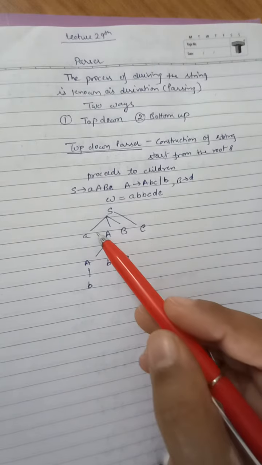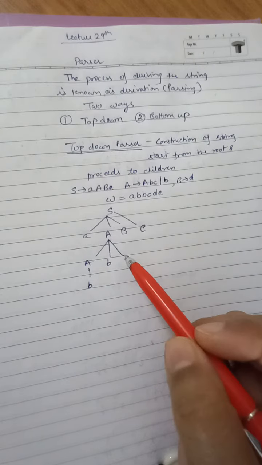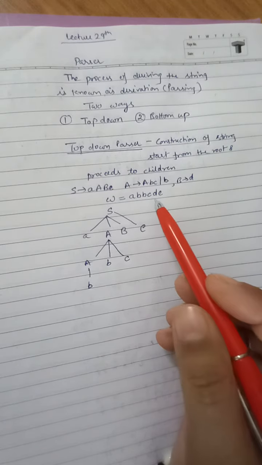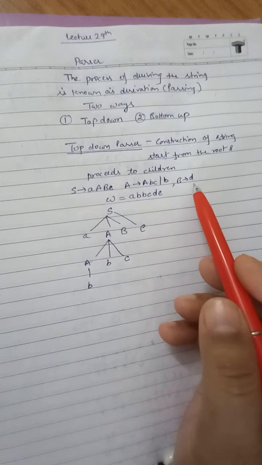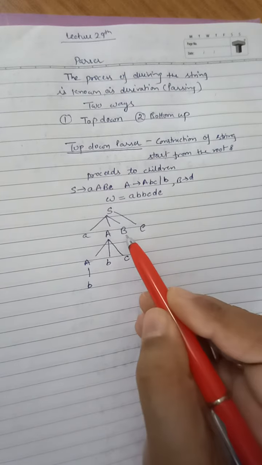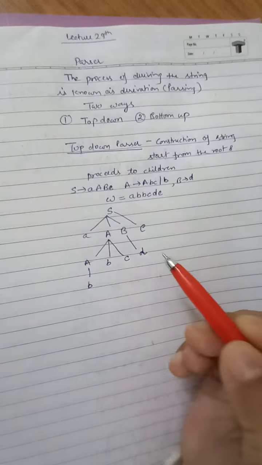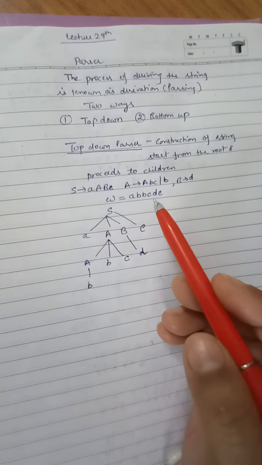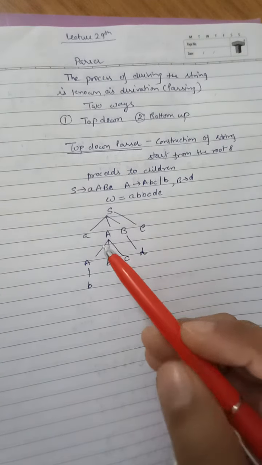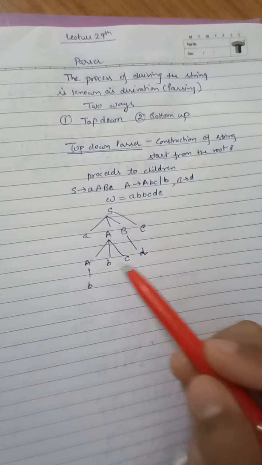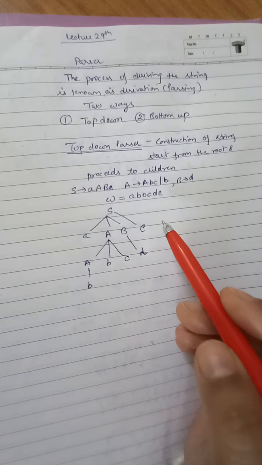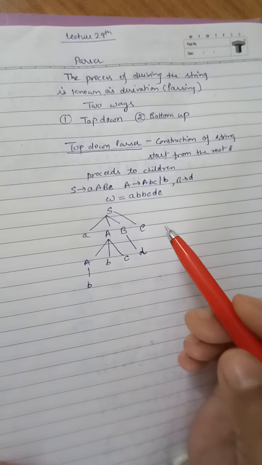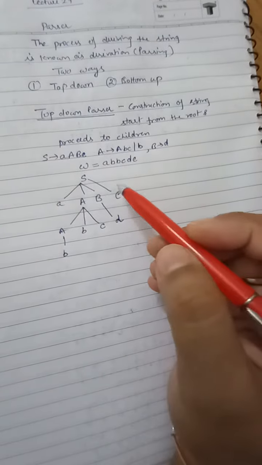So we get A, B, B, C and E we have, but D we don't have, so B tends to D is also there, so we write D here. So this is the string we want, and we get with these productions A, B, B, C, D, E. So in that way we can derive the string.